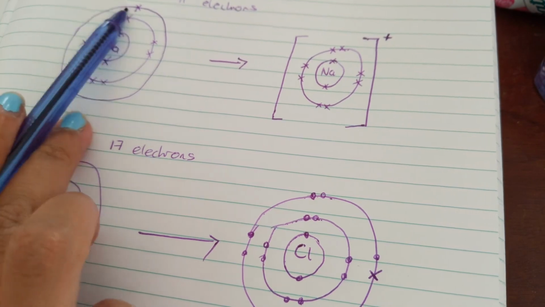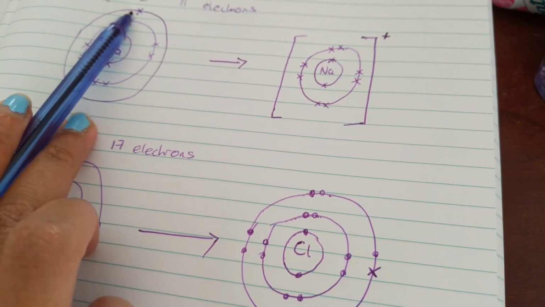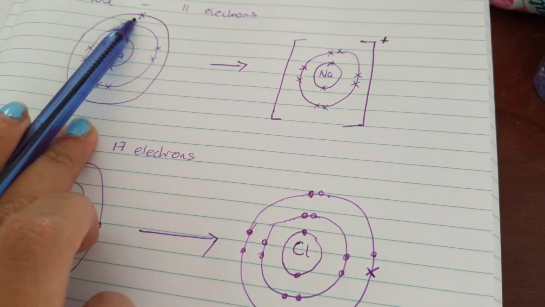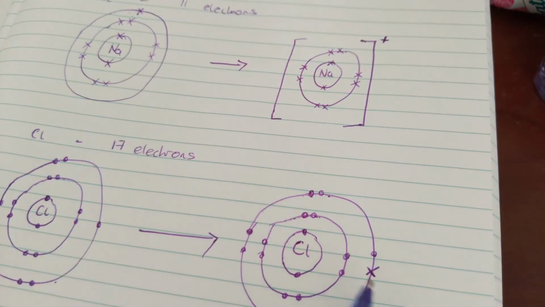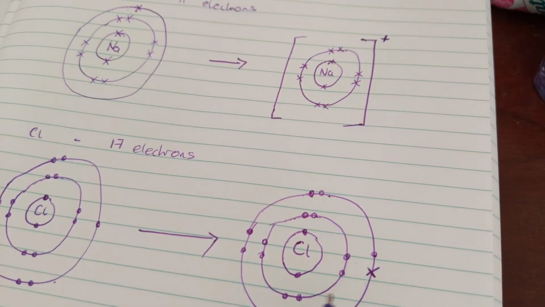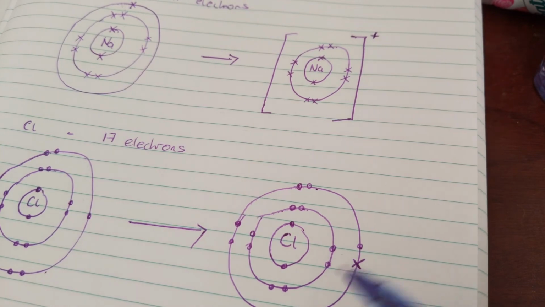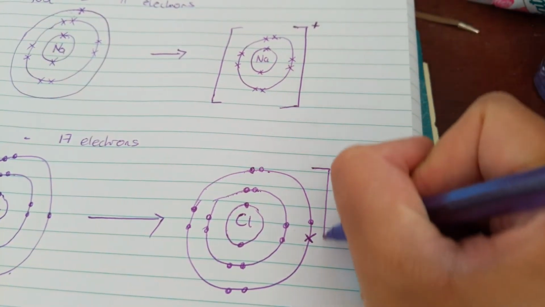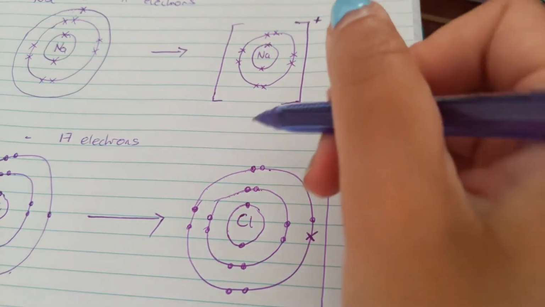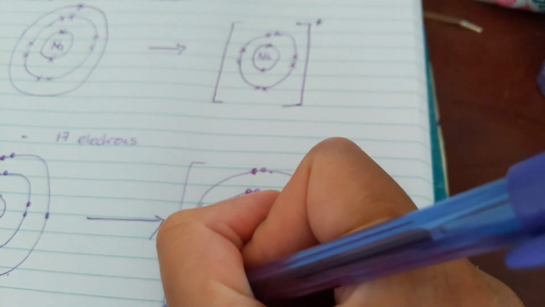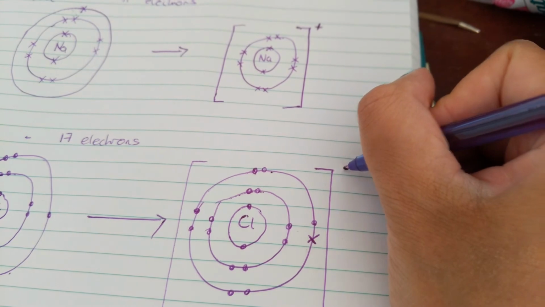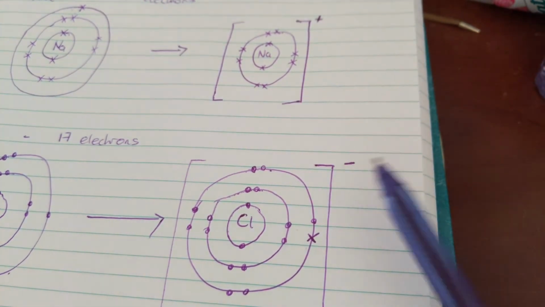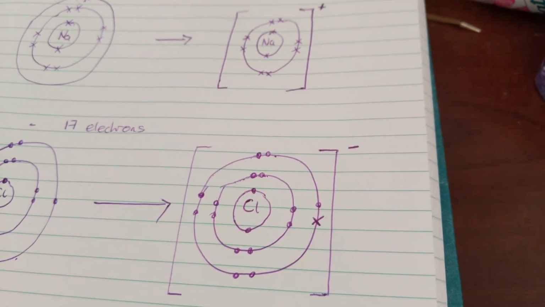Okay, so it will have come from the outer shell of an element that's going to form a positive ion, and it will come and hang out with chlorine and it will form a negative ion. So because chlorine now has 1 more electron than it does protons, it's going to be overall negative charge. So you do the square brackets again and you put the negative charge up there.